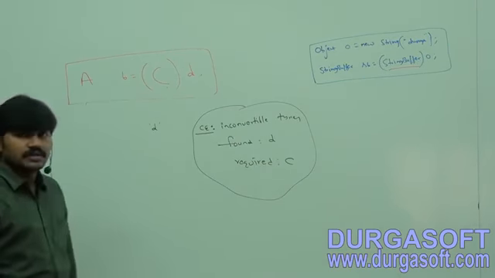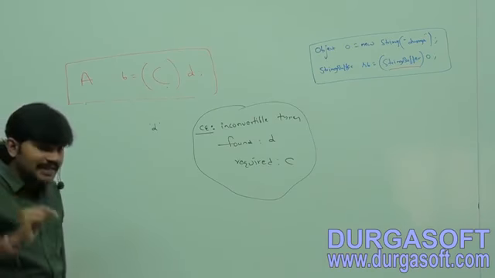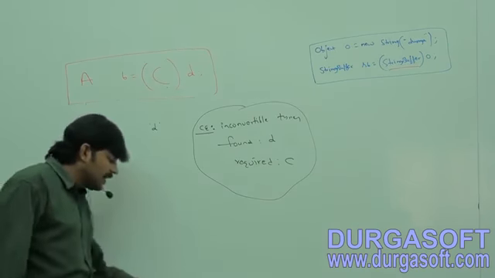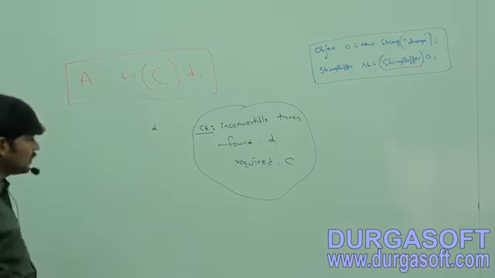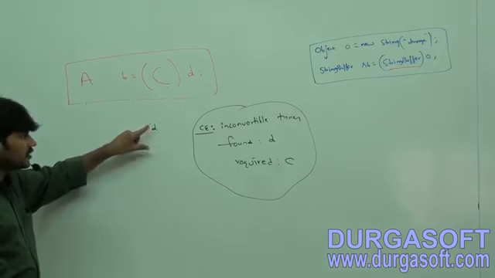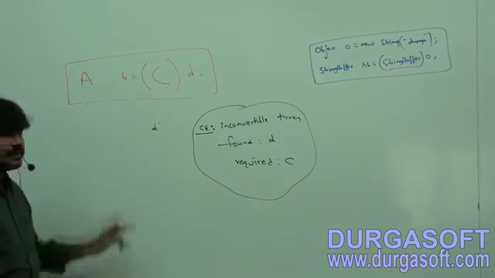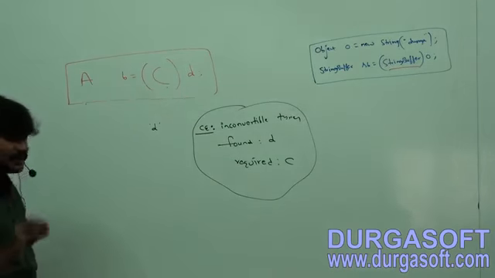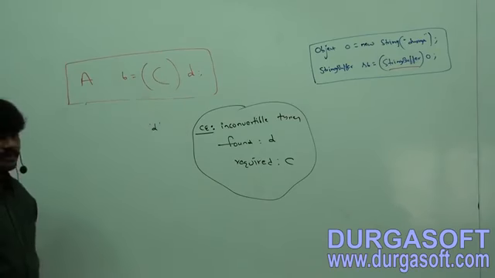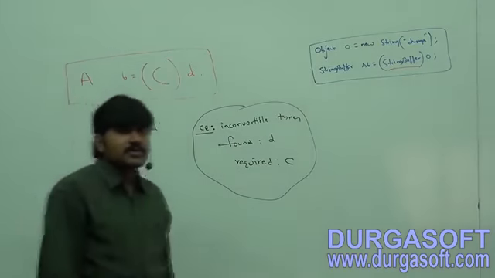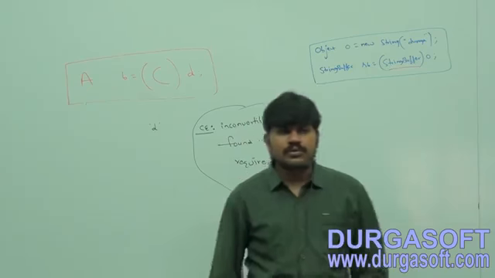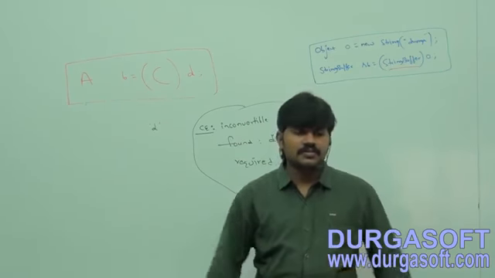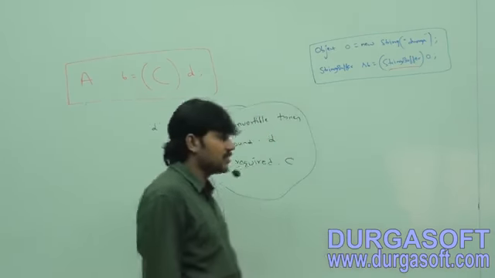The type of D, better to take D within single quote, and C within single quote, must have some relation. The type of D and C must have some relation.